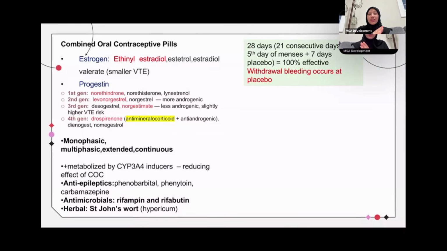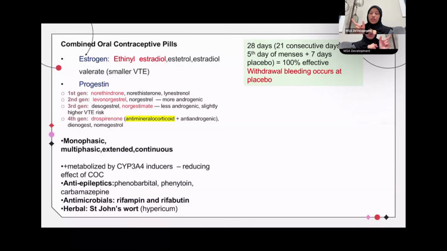Now, how do we give it? In what dose? Usually we give 28 days total, since 28 days is our normal menstrual cycle. In women, for 21 days they have to take the oral contraceptive pills continuously, starting from the fifth day of menses, and then for 7 days they don't take any more contraceptive pills.